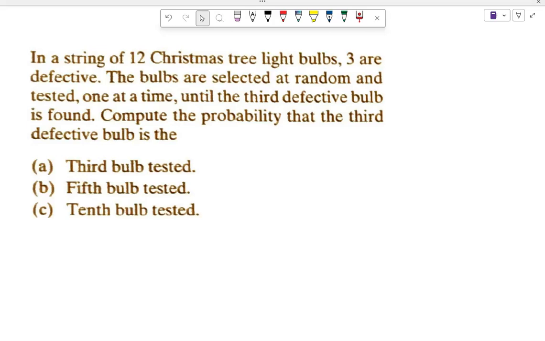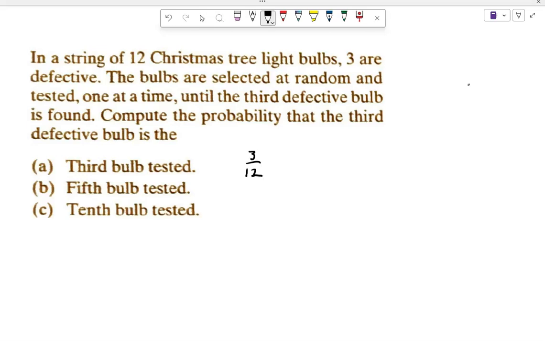So if the third defective bulb is going to be the third tested, what had to happen? Yeah, the first and the second one and the third one were all defective, right? So for part A, what's the probability that the first bulb is defective? It's 3 out of 12, right?